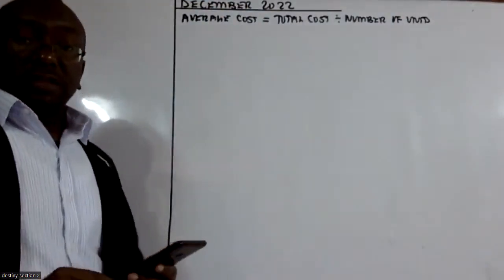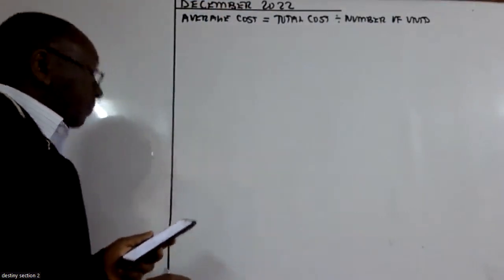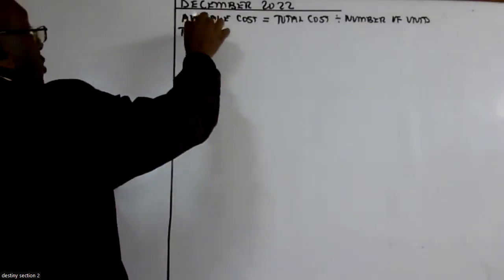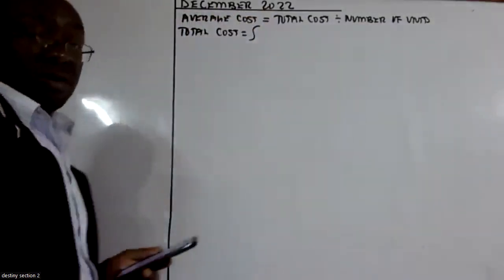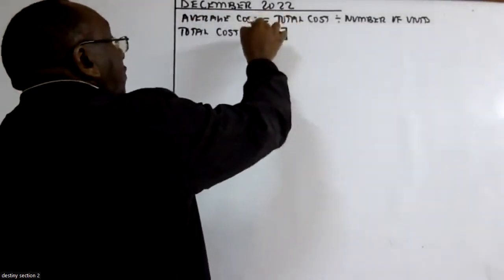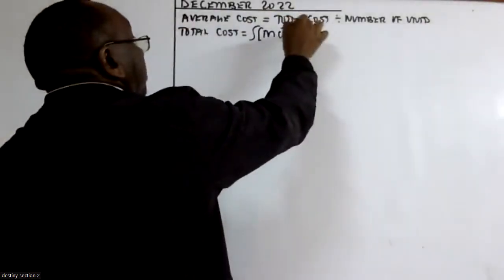The average cost is the total cost divided by the number of units. So in this case, our total cost will be obtained by the integral of the marginal cost, the integration of the marginal cost with respect to X.